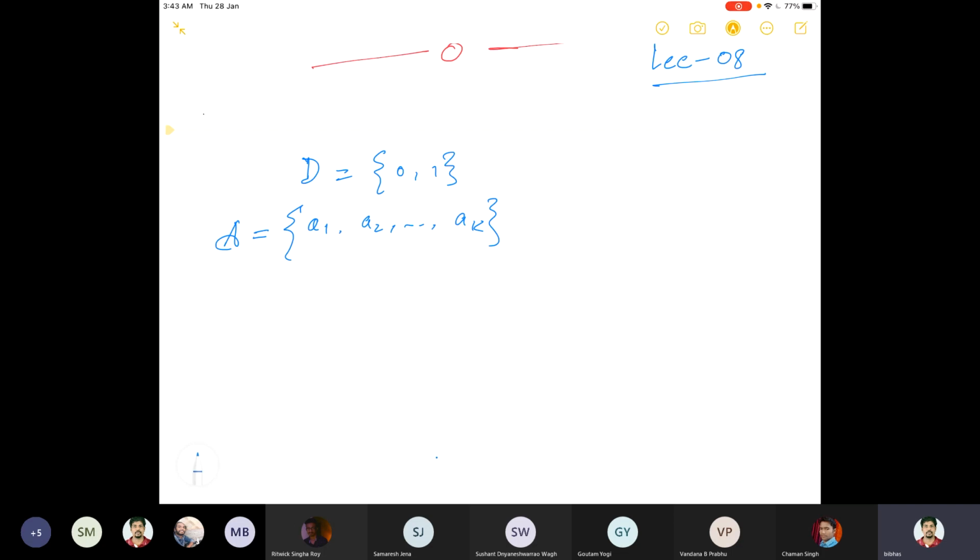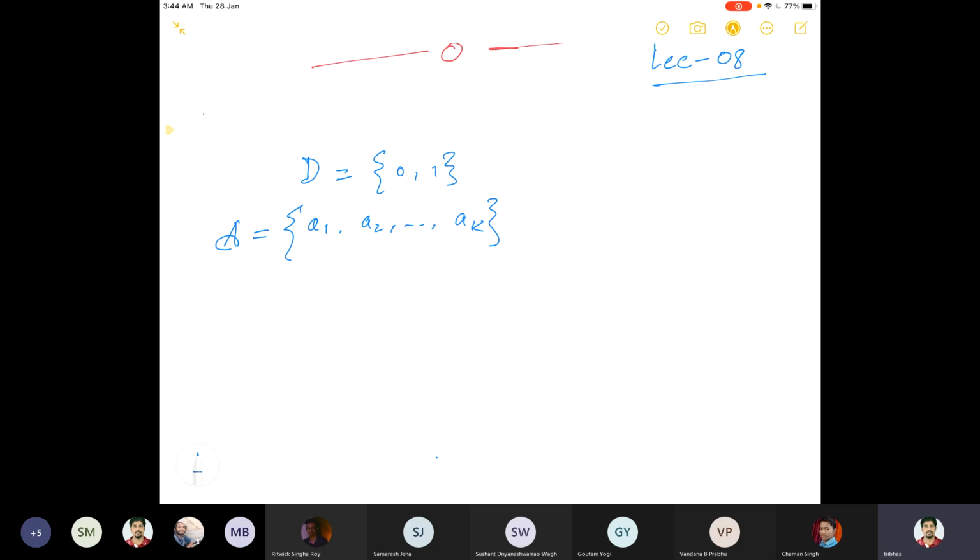Now, we want to send a sequence of these letters or symbols A1, A2, ..., AK of some particular length. It could be of length L. Then the job is to decide what should be the encoding scheme. Suppose in the channel we cannot directly send the symbols because the channel does not understand them.